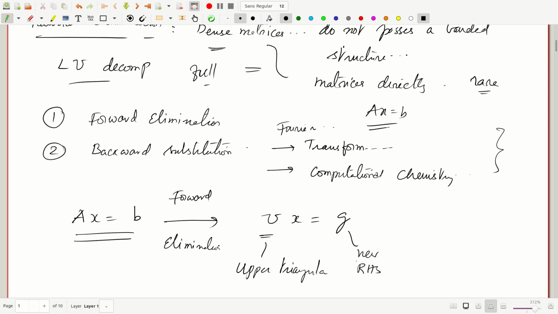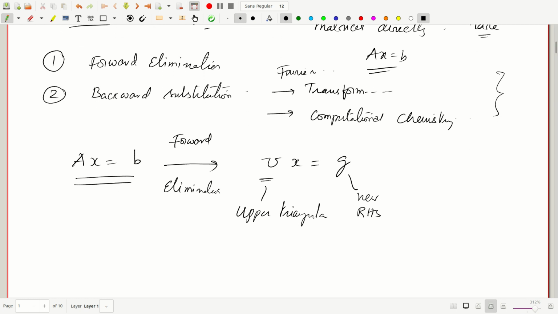And then once you have an upper triangular matrix, you could use backward substitution and calculate the solution vector X. Okay, all right, so that is the idea.